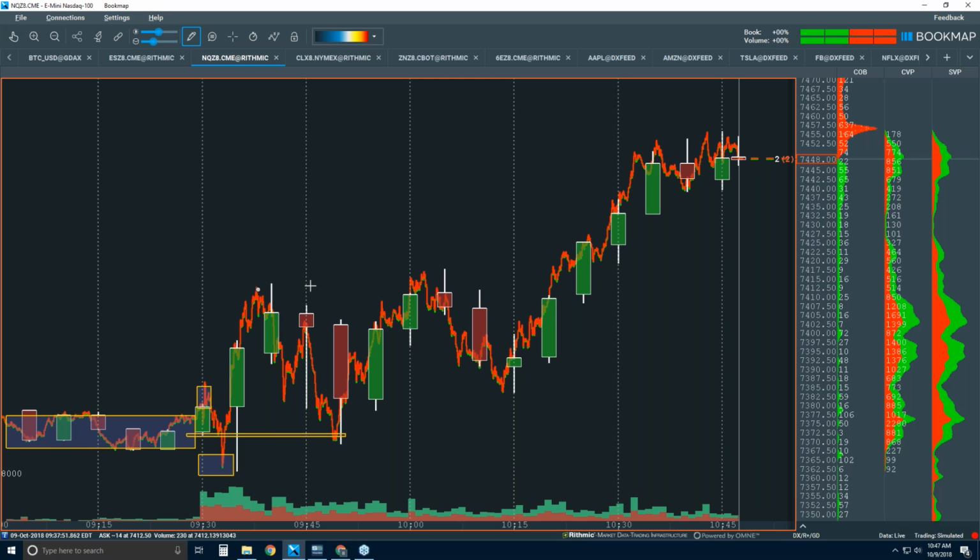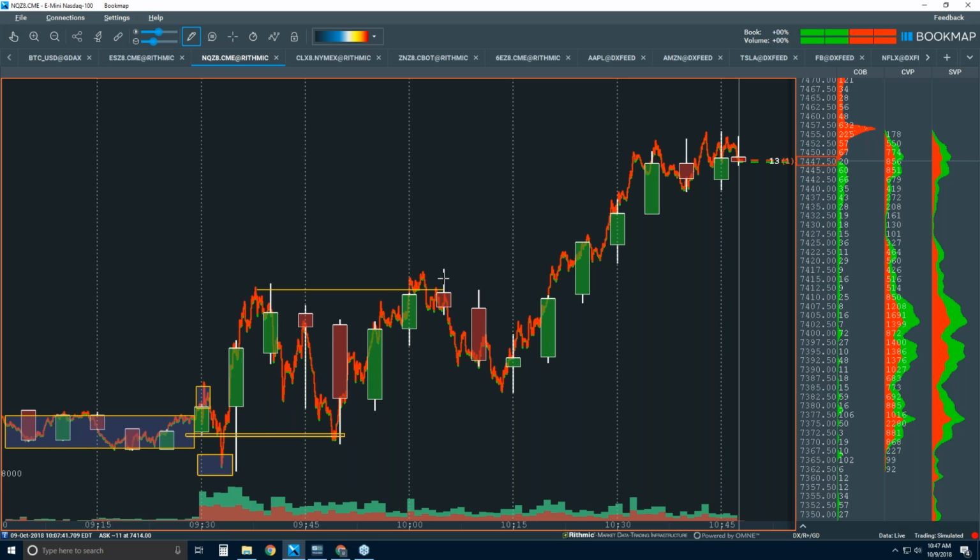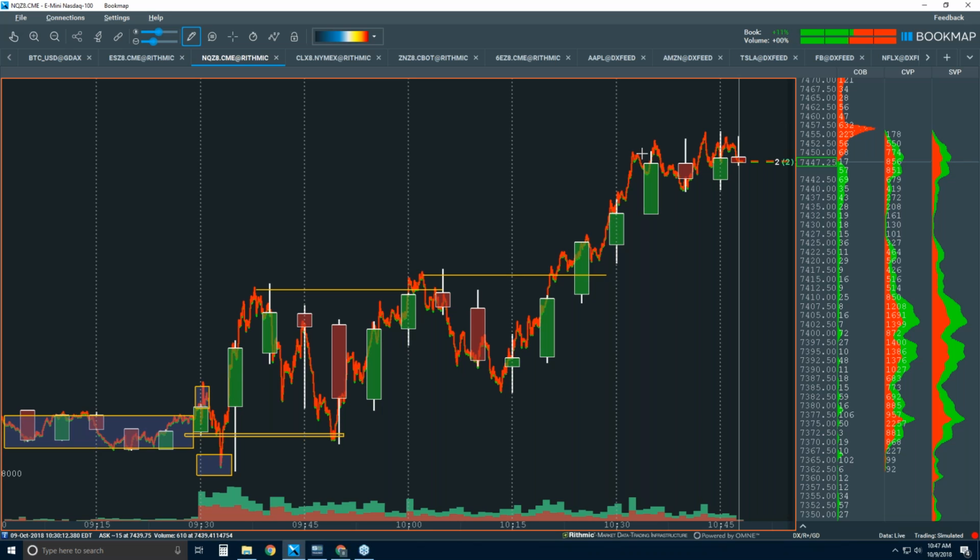You can see the breakout here above that area, but it did not accept. It came back down, but it accepted here above the breakout, as you can see very clearly. And that's the breakout that we were just looking at here. And here's the move to the upside.